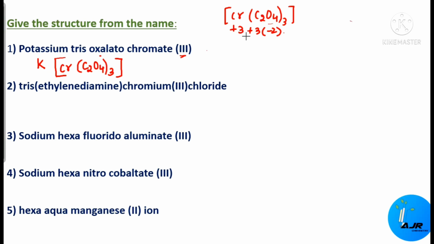So +3 and -6, that's equal to -3. So the charge of this anionic complex is -3. If the charge on this anionic complex is -3, this would be +3. That means here we will write 3.